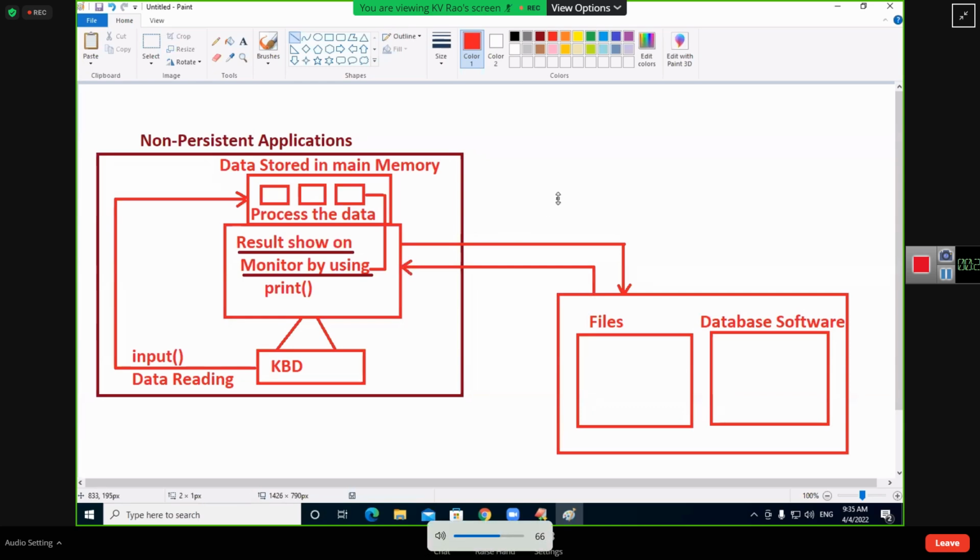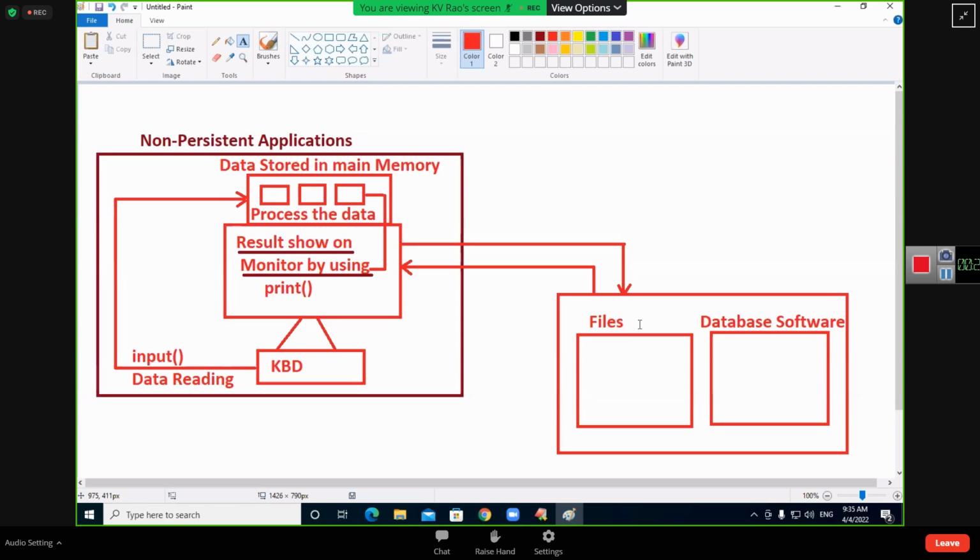You will say your account number, and that account number will be taken from where? Permanent place. Permanently you have saved your data or not? How many ways are there to store your data permanently? Two ways. One is by using files, one more is by using database software. Files have some 4 to 5 drawbacks. That's why we always prefer to go for what?